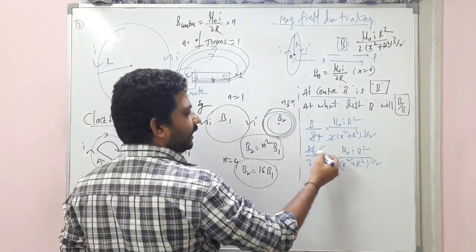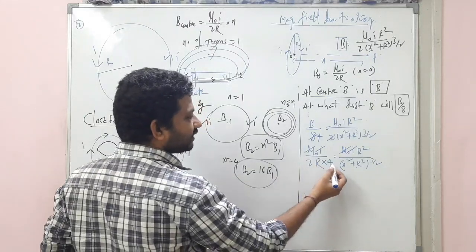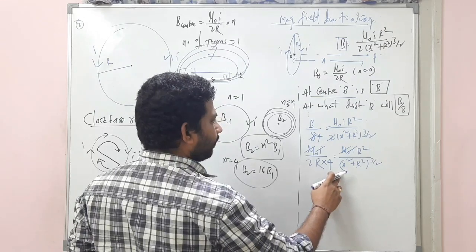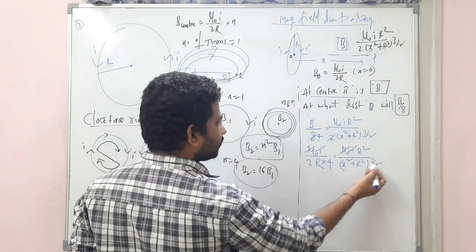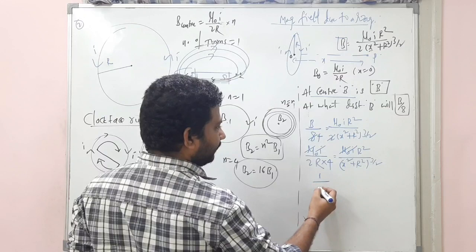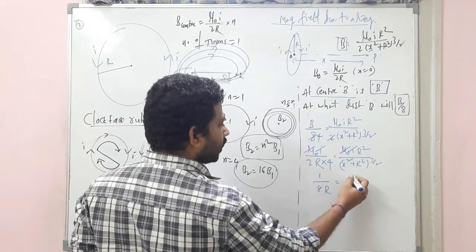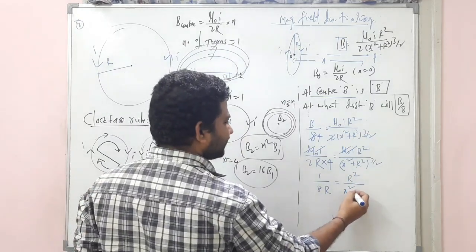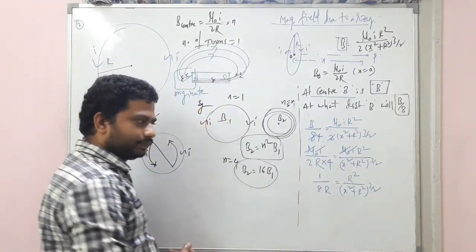So mu naught I cancels. What is left here? Let me write it. This is 1 by 8R, which is equal to R square divided by (x square plus R square) all to the power 3 by 2.